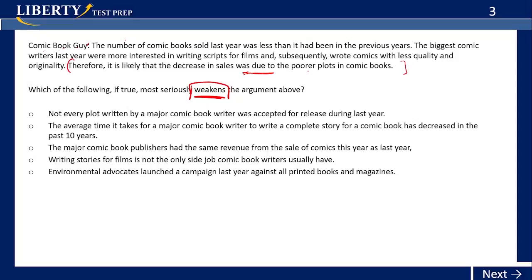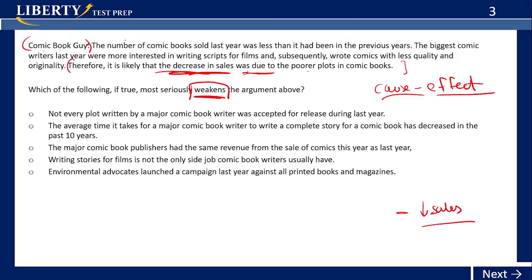So this is what we call a cause-effect type of argument. This comic book guy is saying that the decrease in sales, so that's the effect, was caused by poorer plots in comic books. Poorer plots. The plots have lower quality, basically. And why? Because he gives a premise.